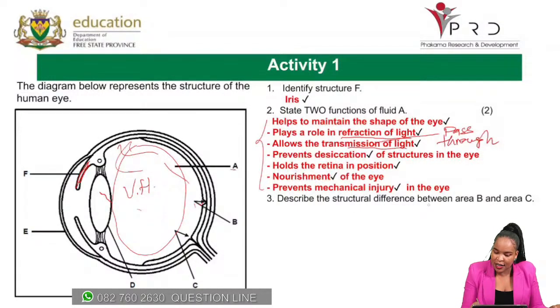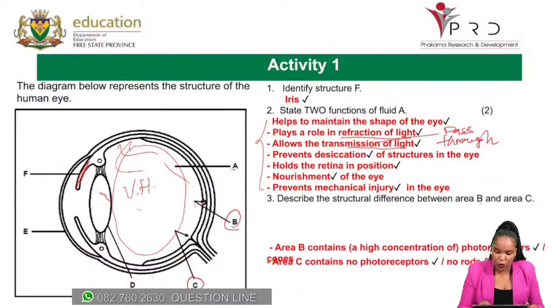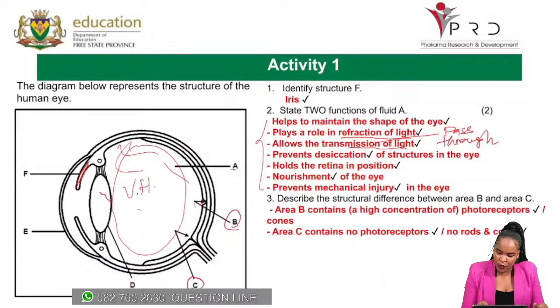Now, describe the structural difference between area B and area C. Let us look at the diagram. Area B is this one here, and area C. So the one must be a yellow spot, the other one must be a blind spot. And we did say what are the differences between the two. So area B contains a high concentration of the photoreceptors, which are the cones, meaning your area B is going to be your what? Your yellow spot.